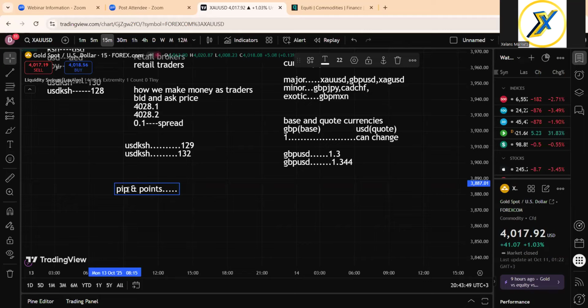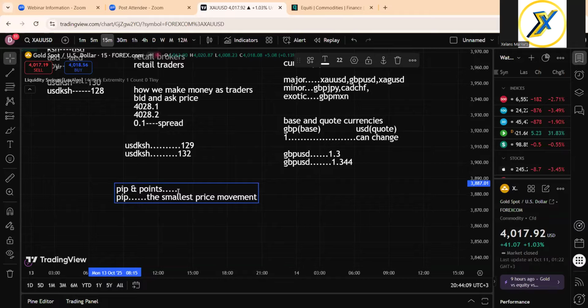The pip is basically the smallest price movement, the smallest price movement that any currency can make.